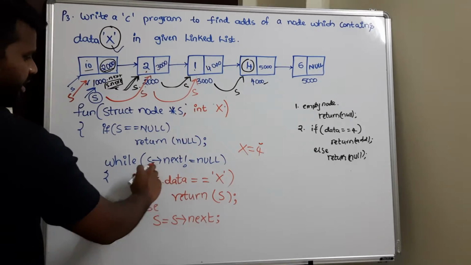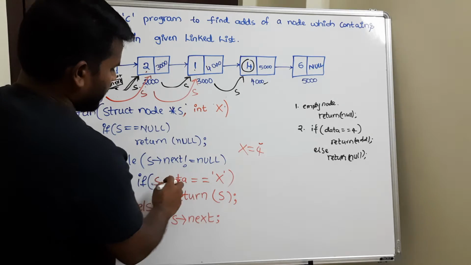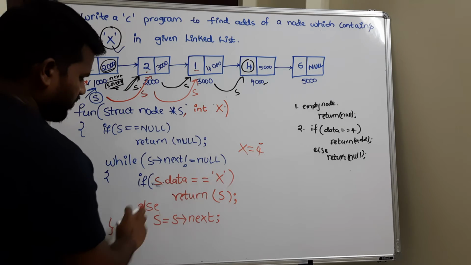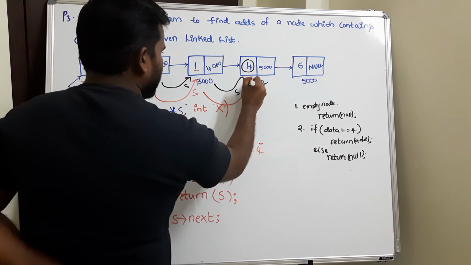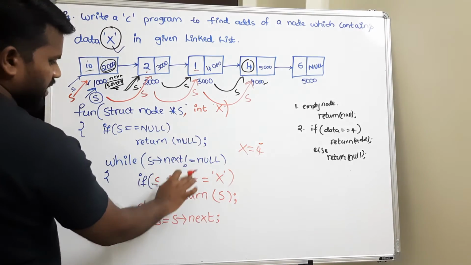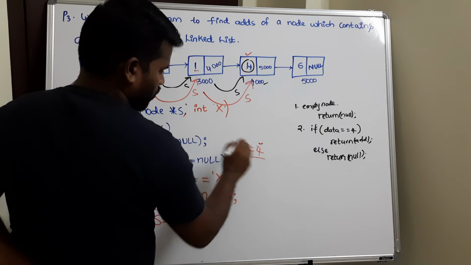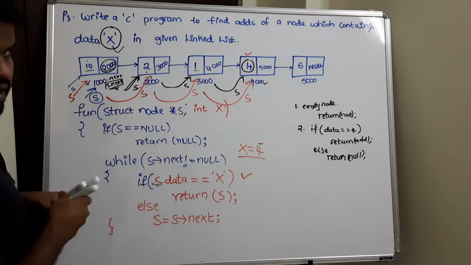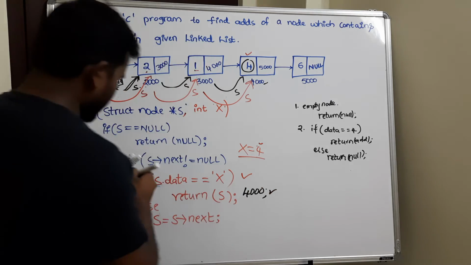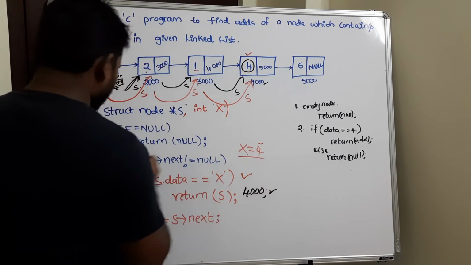Now s next is 4000, not equal to null, then we come inside. s dot data 1, we required 4, so it is not equal, then we came to the else part, then s is equal to s next, 5000, not equal to null, so we came inside. s dot data, that is 4, x equal to 4, then this is the true condition, then we'll return 4000 here. Okay.